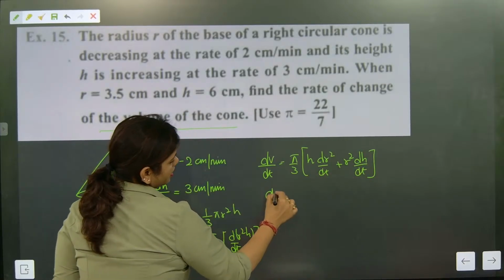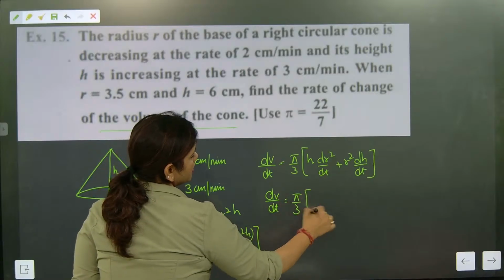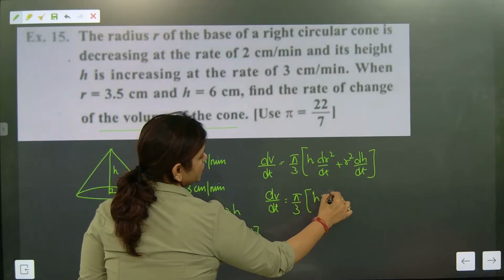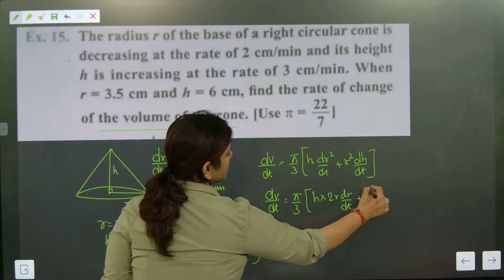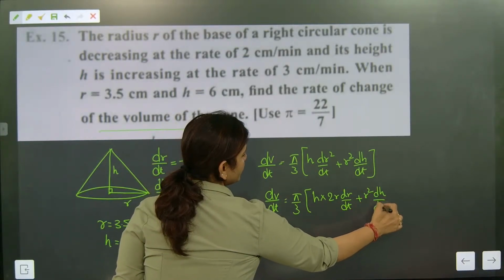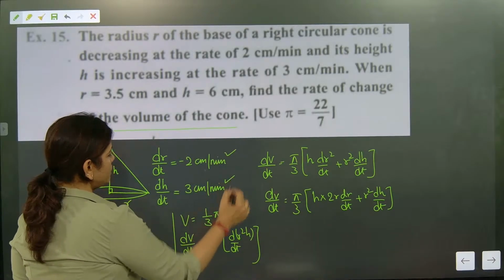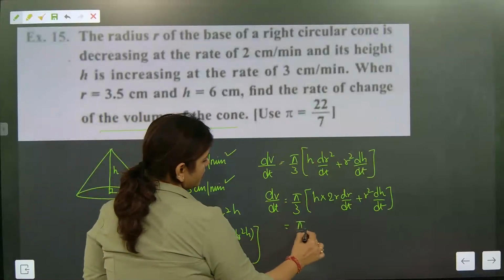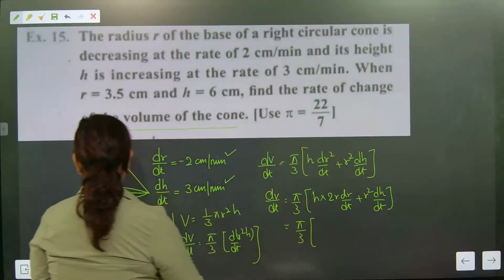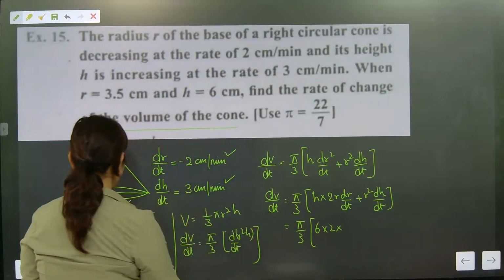So here dv by dt equal to pi by 3, here it will become h into 2r dr by dt plus r square dh by dt. Once you have done here, now we have to just substitute this value, this value, this value, and this value. So it is coming as pi by 3, h is exactly 6 into 2 into radius part is coming as 3.5.